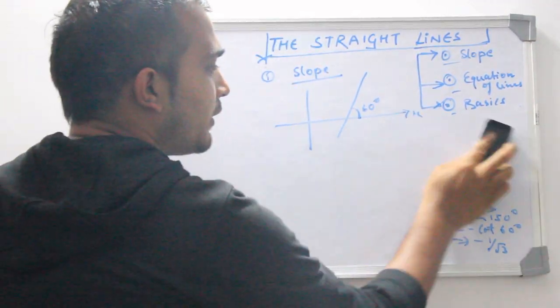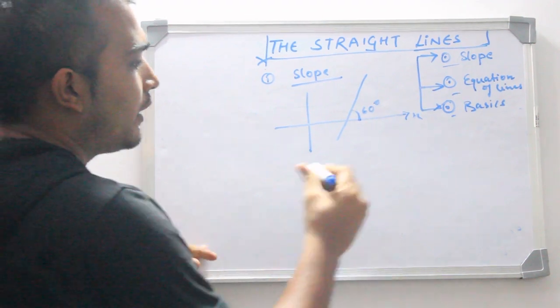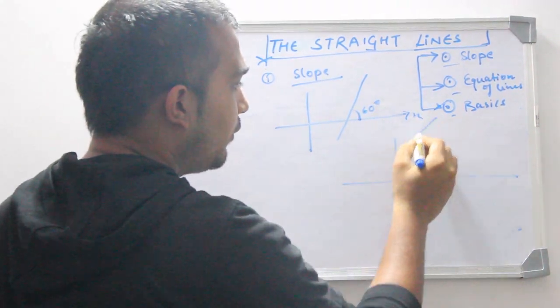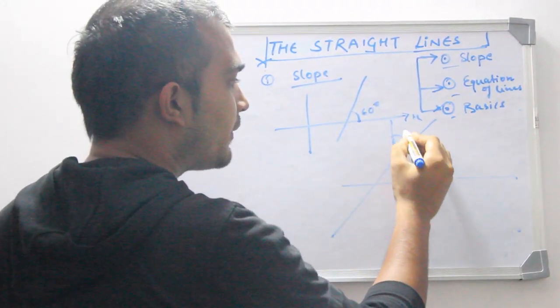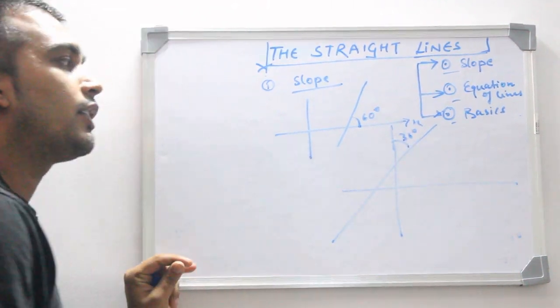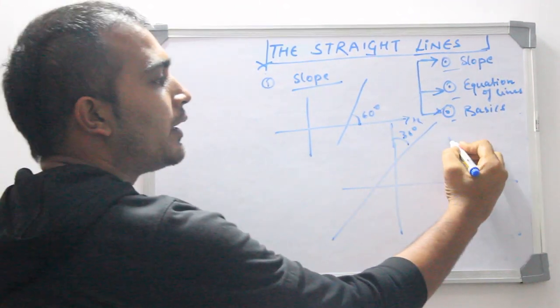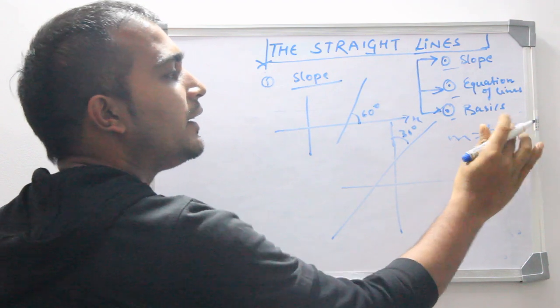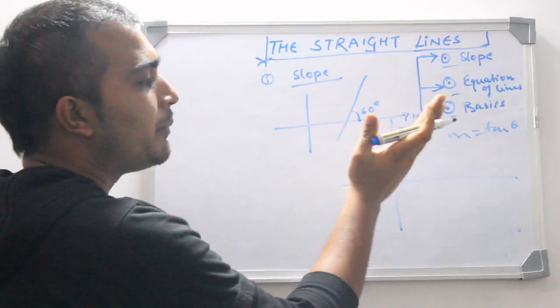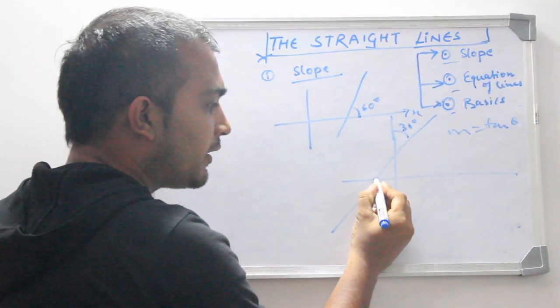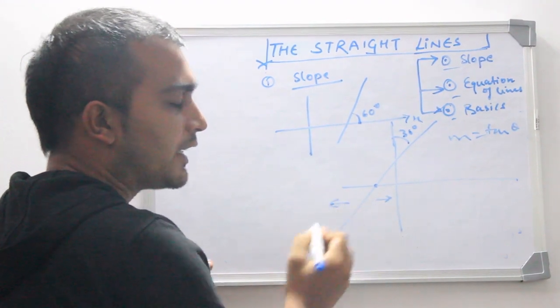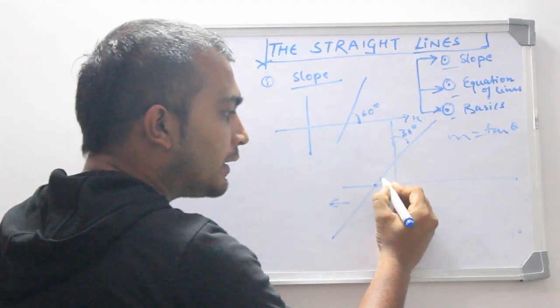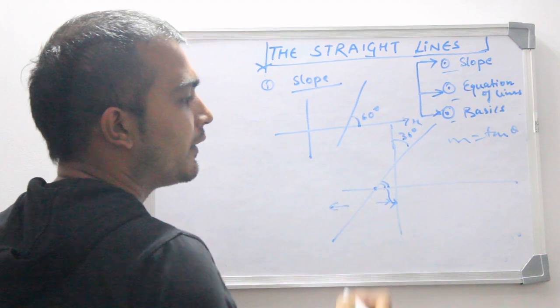In a similar fashion, if you have a line wherein this angle is given, say this is 30 degrees, again the concept remains the same, m is nothing but tan theta, wherein theta is the angle which the line makes with the positive x-axis. Now the line intersects over here, so this is the positive axis, this is the negative x-axis, you need to find out this angle. So this is our theta over here.